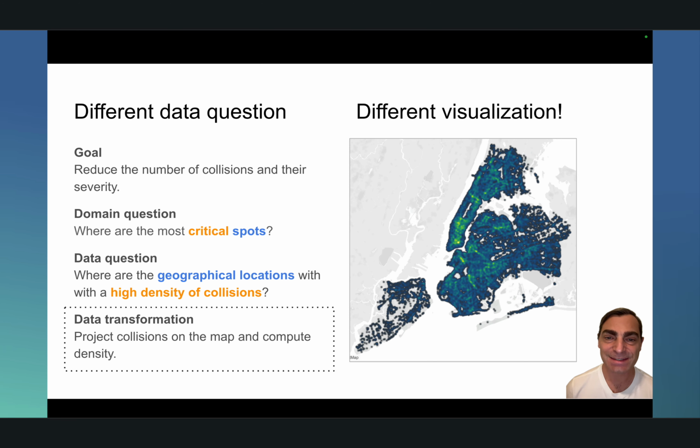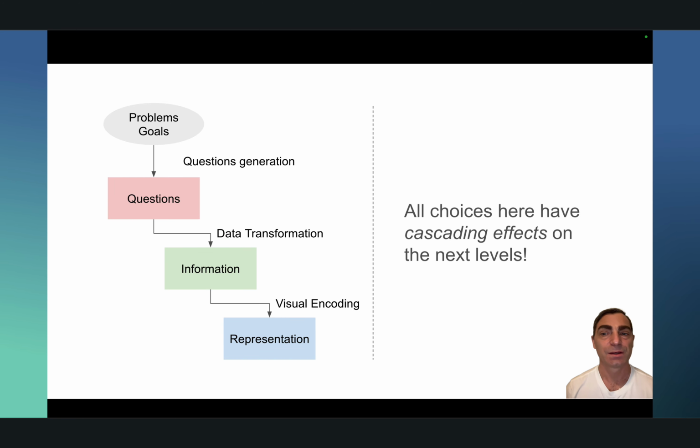So as you can see, starting from the same domain question, I can produce different data questions. Different data questions lead to different data transformations, and all of these lead to different visual representations. So, as I said before, all the choices here have cascading effects on the next levels. In particular, here I showed you that if I have a different way of translating the domain question, I typically have to produce different data transformations and different data representations.